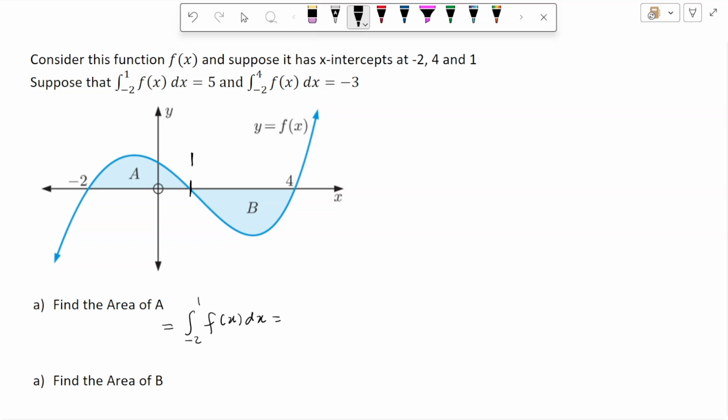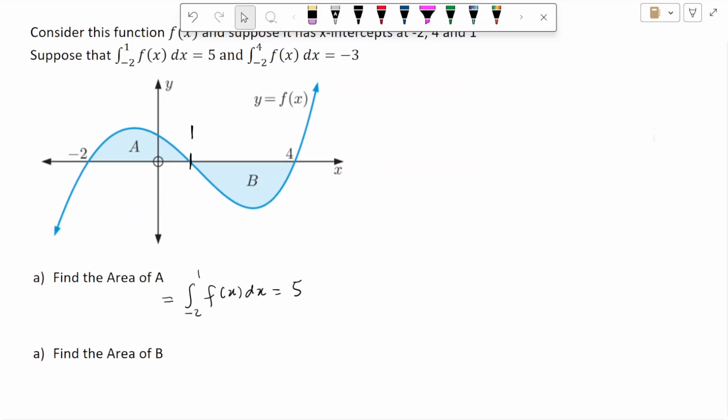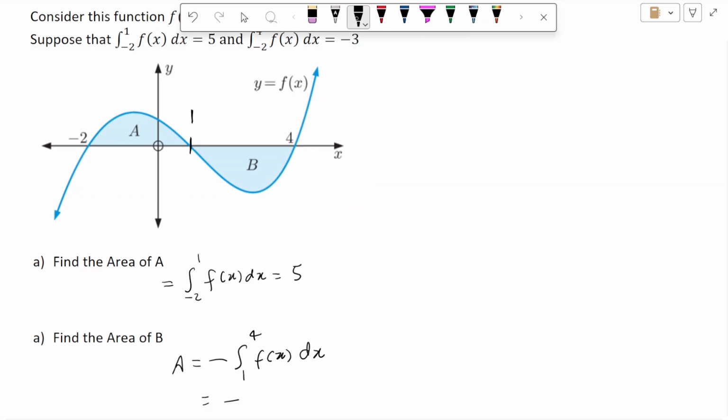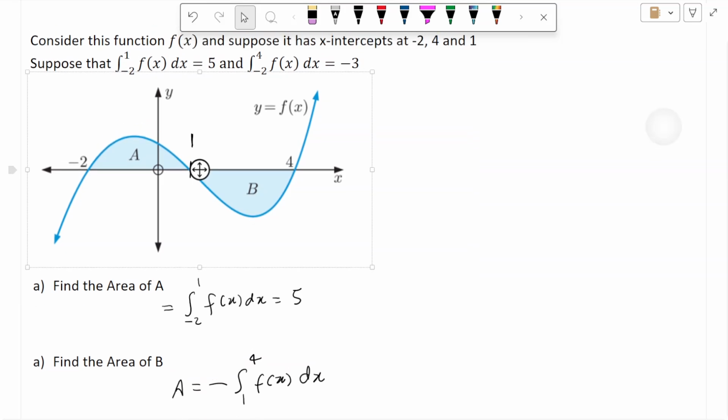And the question has given us that information. They've said it's 5. Area of B is minus the integral from 1 to 4 of the function. And the reason I've thrown in that extra minus sign is because B is underneath.